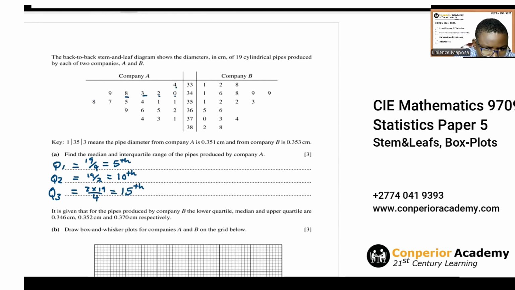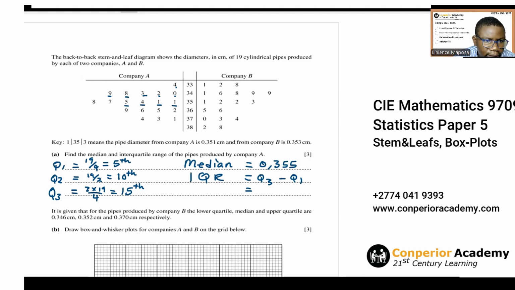Okay, so I can just conclude here that the median is equal to the 10th value, which is 1, 2, 3, 4, 5, 6, 7, 8, 9, 10. That's 0.355. Please be careful. Do not write 355 here. Remember, these are decimals, so it's 0.355. And then the interquartile range, you are going to write this is Q3 minus Q1. Q3 is the 15th value.